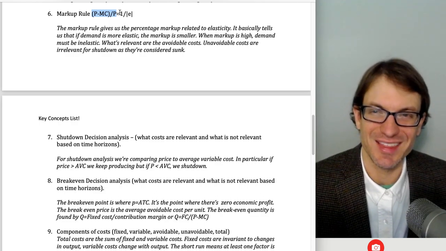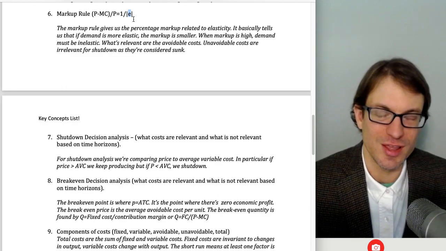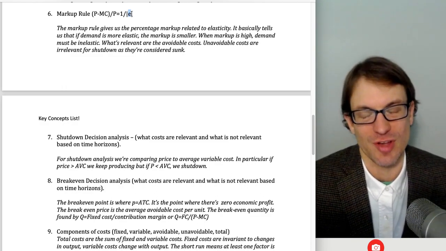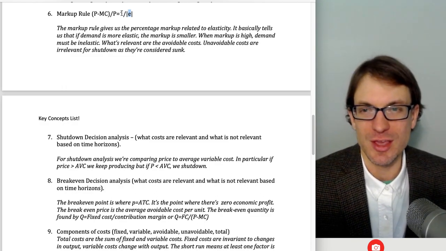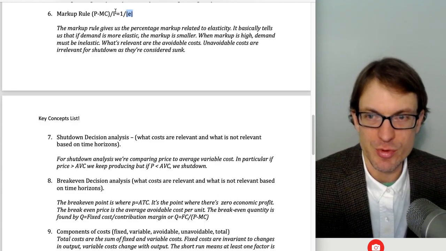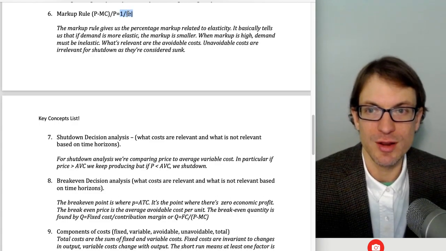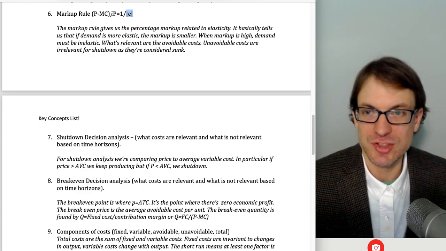Well, if you have infinite elasticity, like 1 over infinity, 1 over a really large number, of course, it's undefined. Fine. But think about increasingly larger denominators: 1 over 2, 1 over 3, 1 over 4, 1 over 100, 1 over a million. That tends towards 0. So as we get a larger elasticity, more elastic demand, we get a smaller markup.